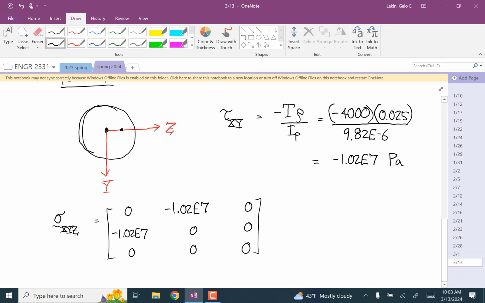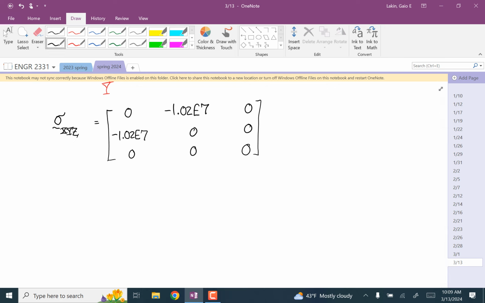But this is not the coordinate system we want. Now we want to express this in the normal coordinate system. So we need to figure out the rotation matrix that goes from this to this.